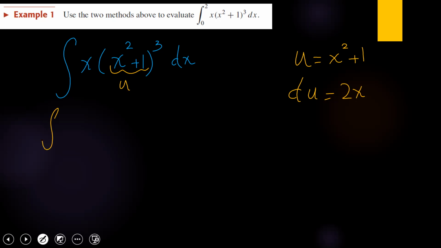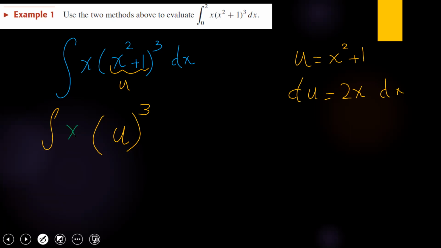Now let's substitute u instead of x squared plus 1. We suppose that u is x squared plus 1, so here we have u to the power 3. And then, if I have u here, what did I have here?